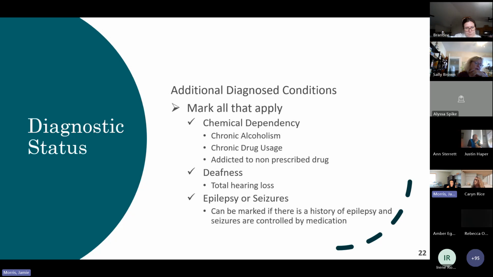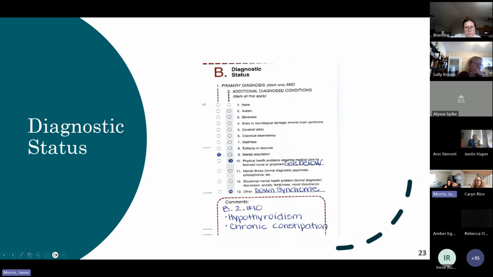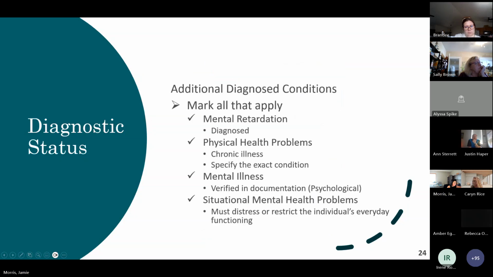We would need to mark that their medication is in there. So again, our individual does not have one of those additional diagnoses. So we are going to move on to the next section of those.